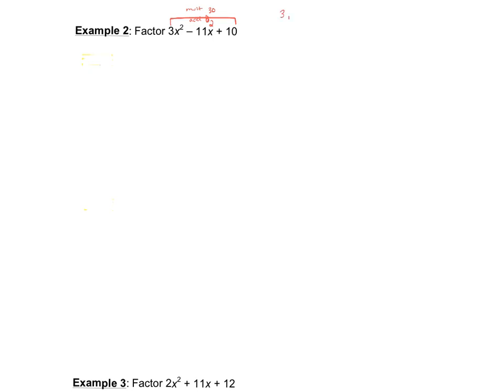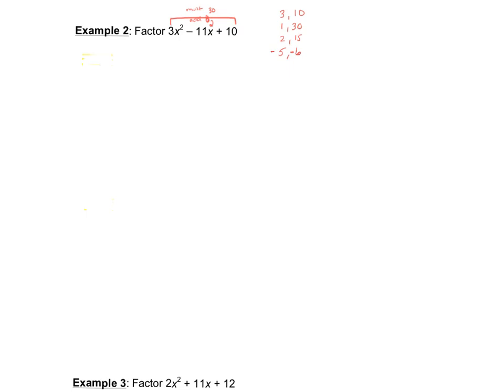I have 3 and 10, 1 and 30, 2 and 15, 5 and 6. And right there I see that those add to 11. It took me a minute to find them. But it has to add to negative 11, which means both of them need to be negative. So multiply to a positive 30, but add to a negative, they both would have to be negative.